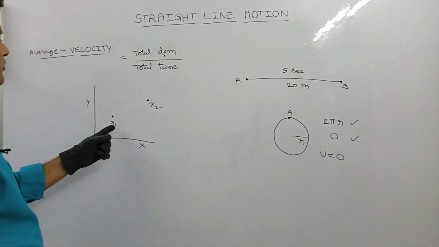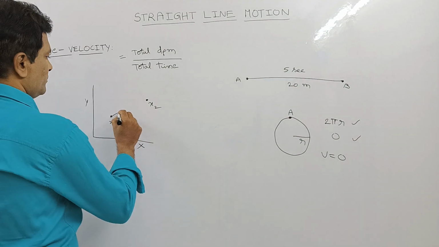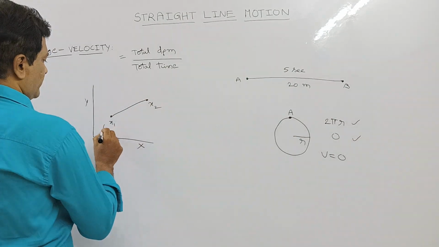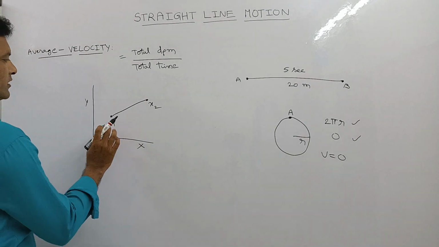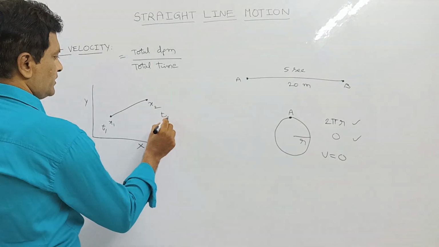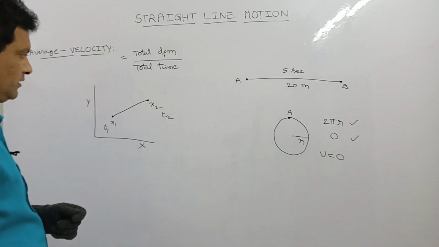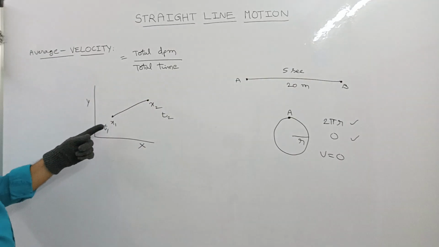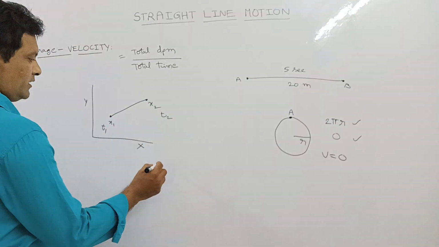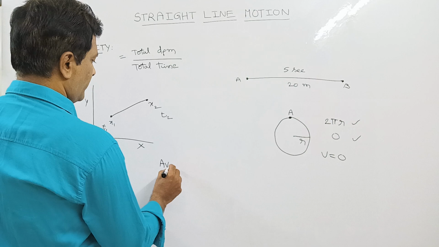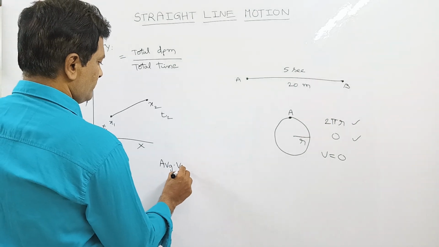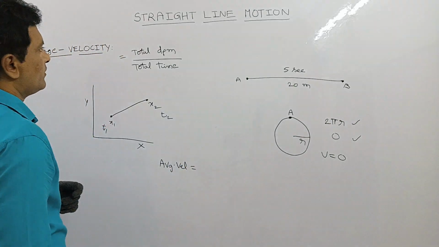Suppose an object has moved from x1 to x2. At t1 the object is at x1, at time t2 the object is at x2. So in this case, what is the average velocity? I told you, total displacement by total time.